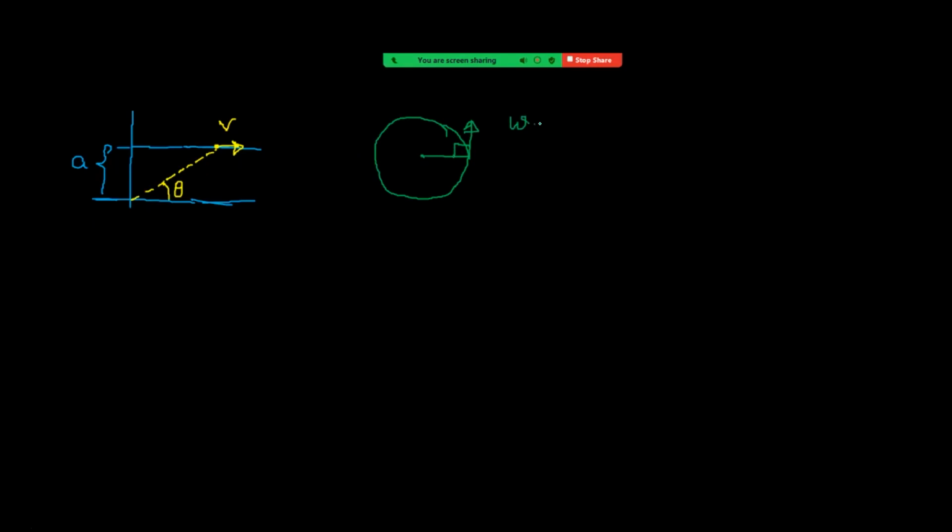Here omega means v by r. So we are finding velocity component normal to radius vector and dividing that with radius vector, modulus value. So here I'm taking the same logic. For velocity, I'm taking two components. One is normal to radius vector and one is along radius vector. So this is theta, means this also theta.